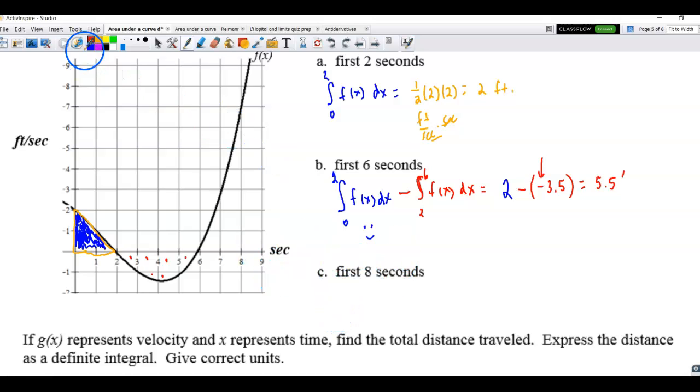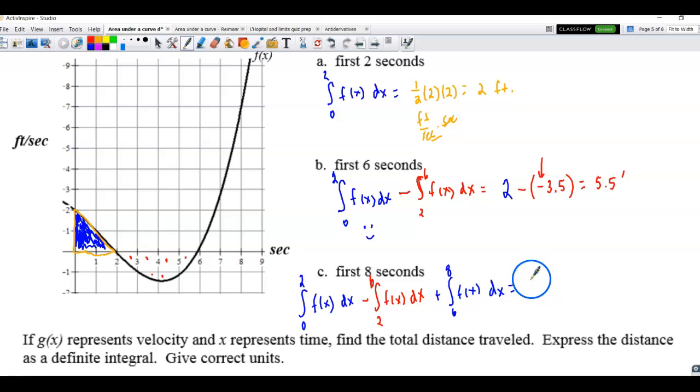So we are going to accumulate starting from, we already had 0 to 2, that was positive area, all was good, dx, and then we had to subtract the negative area from 2 to 6 of f of x dx, and now the area switches back to positive, so we can add the area from 6 to 8 of f of x dx.